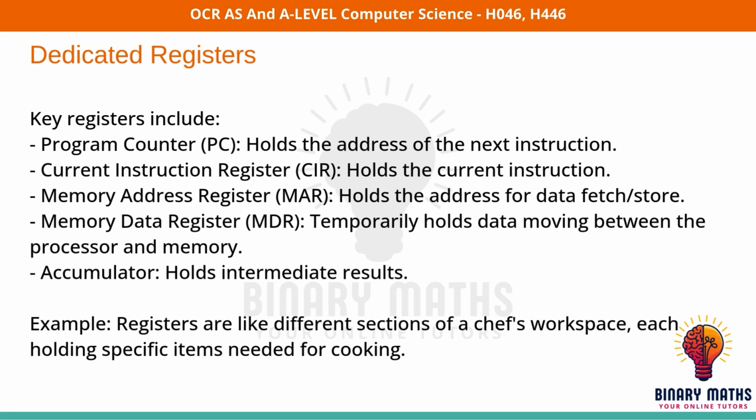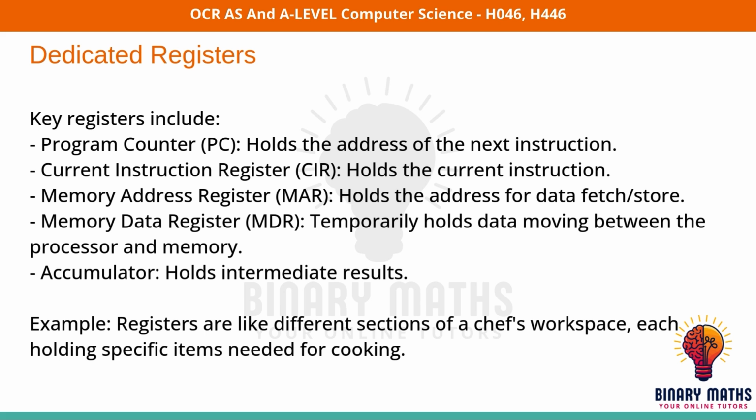Registers are small, fast storage locations within the CPU that temporarily hold data and instructions. The program counter holds the address of the next instruction to be executed, ensuring the CPU knows where to find the next instruction. The current instruction register holds the current instruction being executed, allowing the CPU to decode and execute the instruction.